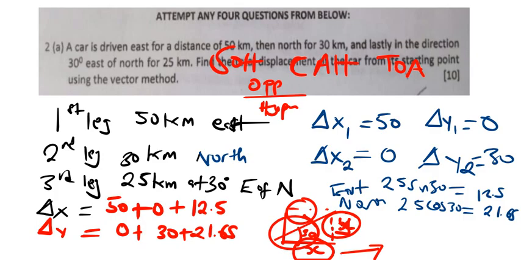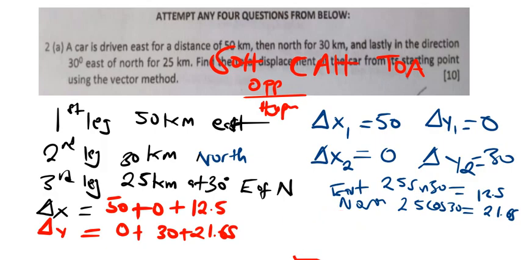Okay, then we add. Then if we add these figures, what do we have? This is giving me 62.5 kilometers. The other one is giving me 51.65. Okay, these are the figures that I have.